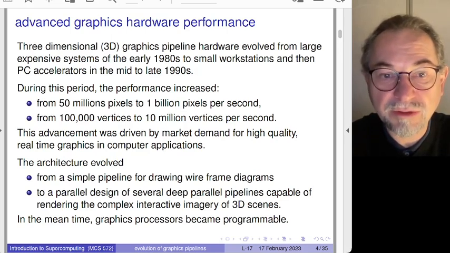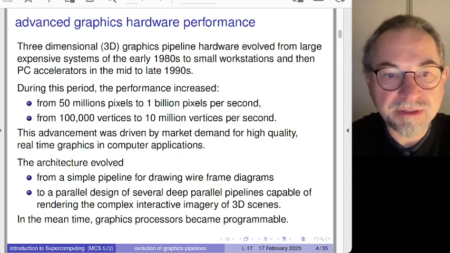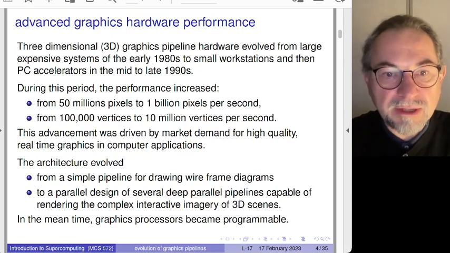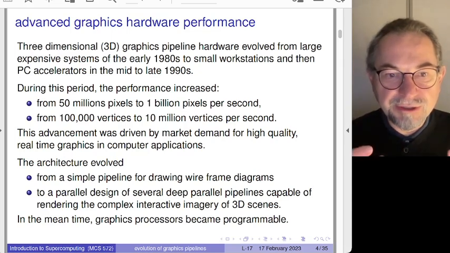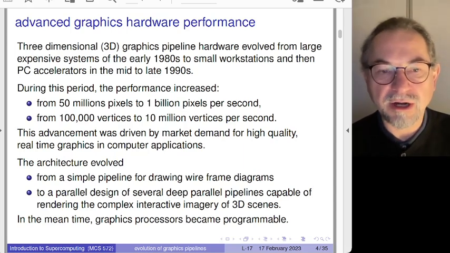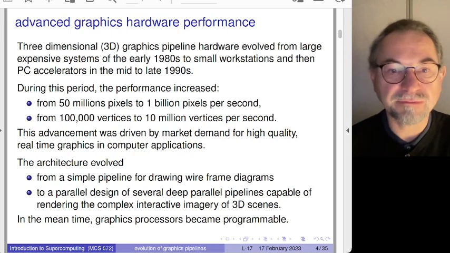Now actually we will have several deep parallel pipelines. And the programmable graphics processor is the intermediate stage between the earlier architectures and the current graphics processors that we can program with C++ and other languages.